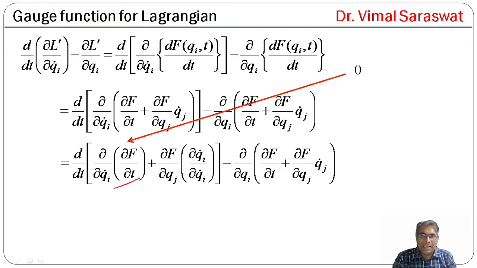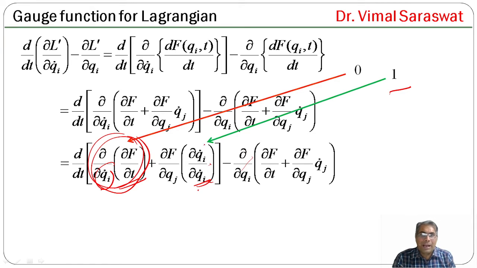Since del f upon del t does not depend on velocity, or does not depend on q_i dot, this will be 0, and del q_i dot upon del q_i dot is 1. So this will be 0 and this is 1.